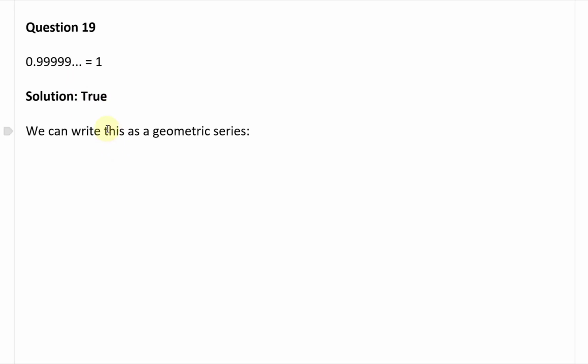So we can write this as a geometric series. So let's take a look at this. We get 0.99999... You could write this as 0.9, then plus the same number, 0.9, and now we're going to multiply this by 0.1 to the power of 1.